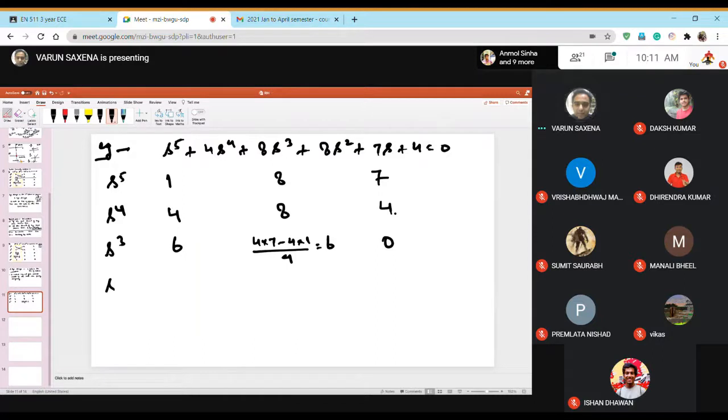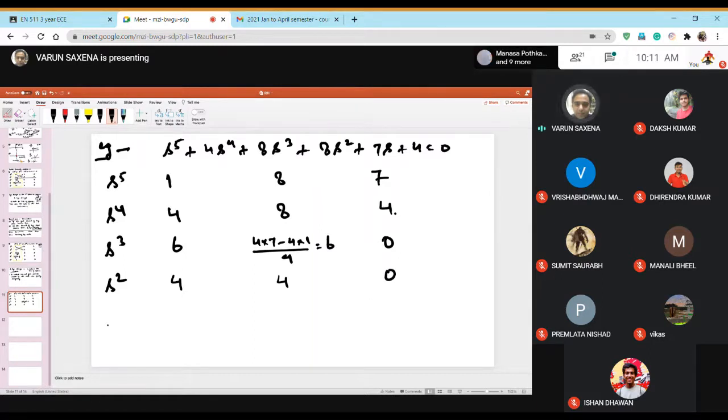Then we write s^2. s^2 is 6 times 8 minus 6 times 4 divided by 6. So that comes out to be 4. Then you have 6 times 4 minus 0 times 4 divided by 6. So that comes out to be 4. And then, of course, this term is basically 0.